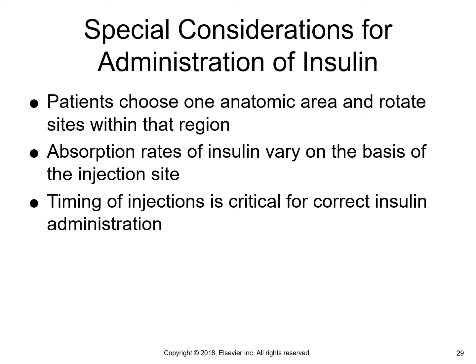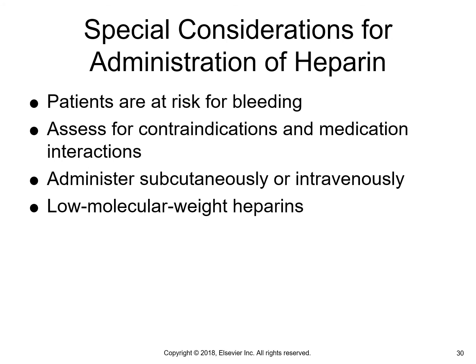Most slowly in the thighs, because most of us have some muscle in our thighs. So when we are looking for quick absorption, oftentimes we use the abdomen. And for insulin, oftentimes that tricep area on the back of the arm, where patients have a fatty area that is present. Okay, moving on.